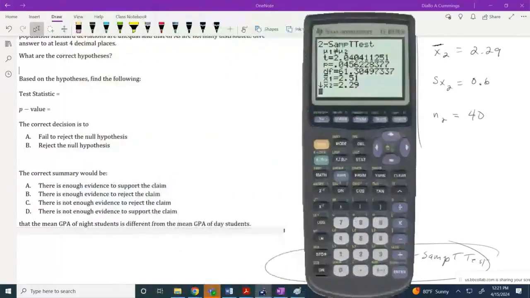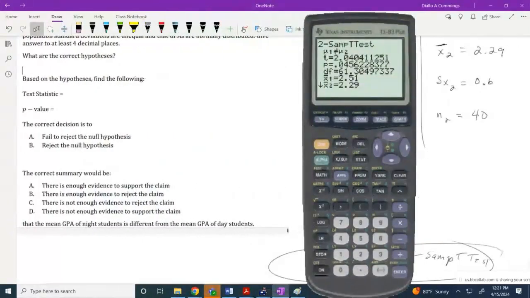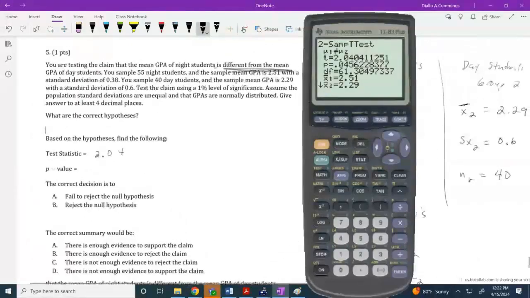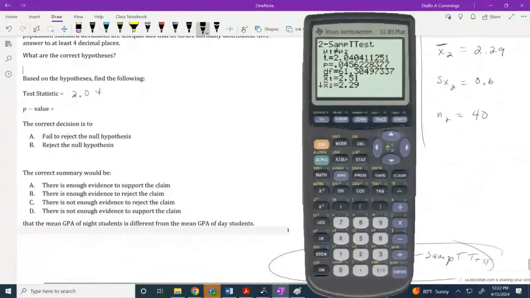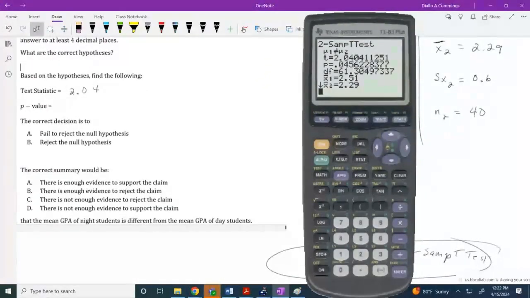Okay. So it says, what is the test statistic? It is 2.04. Does it tell us how to round? 4 decimal places. 2.0404.